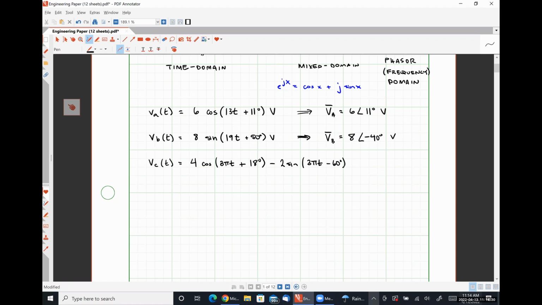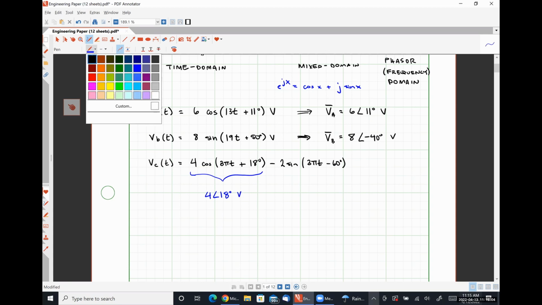To do this in the time domain would require the application of a lot of particularly annoying trig identities to remember. So instead, we can do this math in the frequency domain, where we can represent this portion right here by its phasor, which would simply be 4 angle 18 degrees volts.